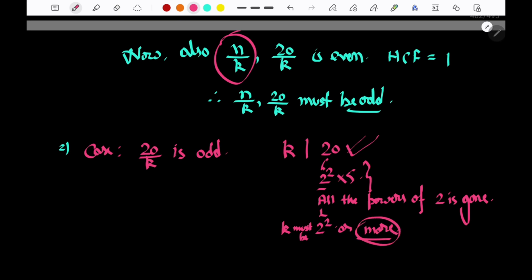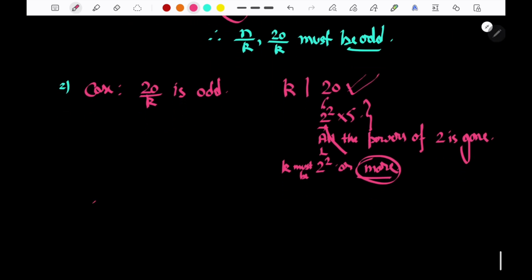Then only 2 square will be gone. So 20 by k is odd, k divides 20, 2 square is greater than 5, all the powers of 2 are gone, k must be a multiple of 4. That is the conclusion. Amazing question, amazing.